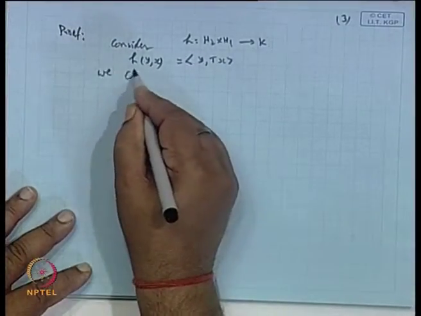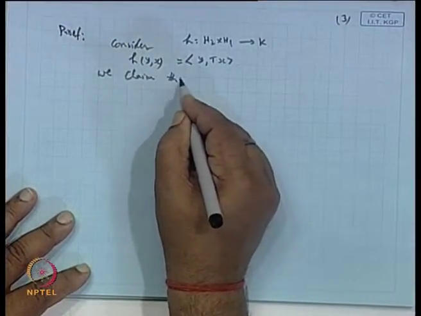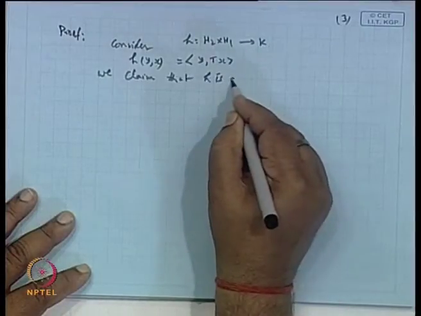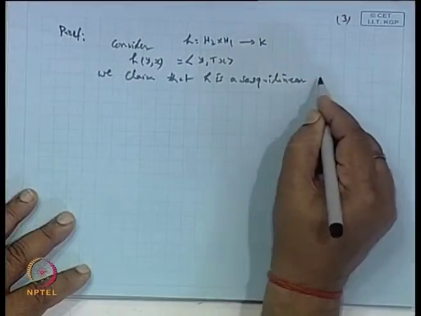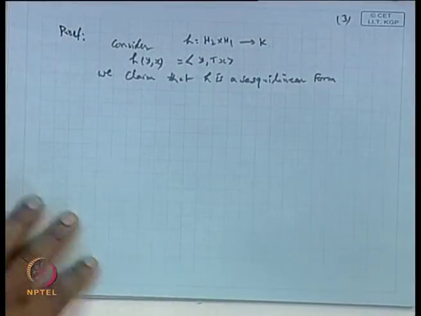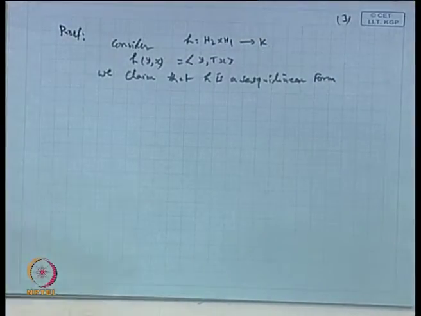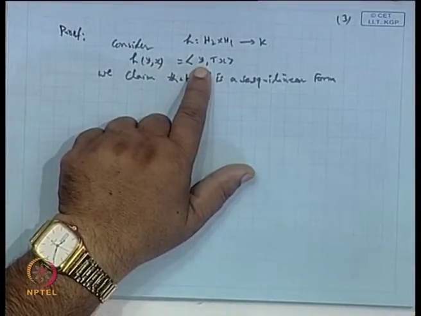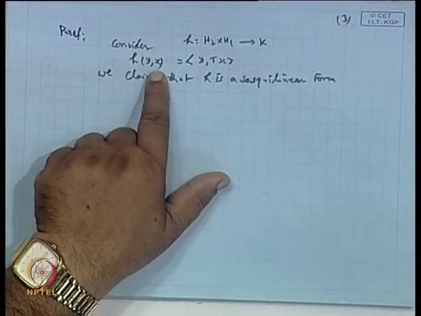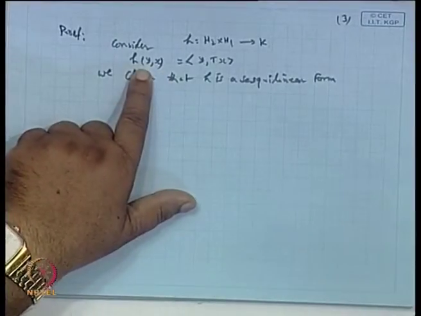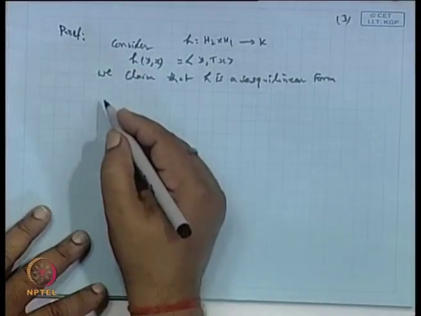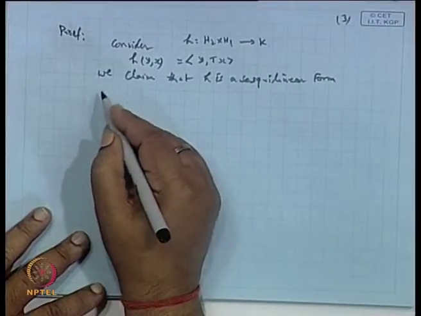We claim that h is a sesquilinear form. It means h must be linear with respect to the first coordinate and conjugate linear with respect to the second coordinate. h is linear with respect to the first coordinate, obviously true. Why?